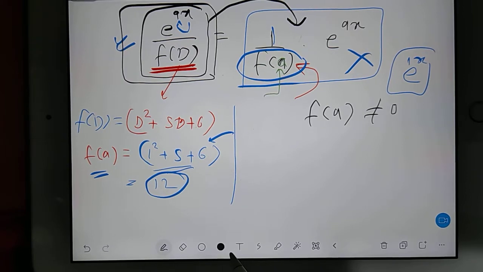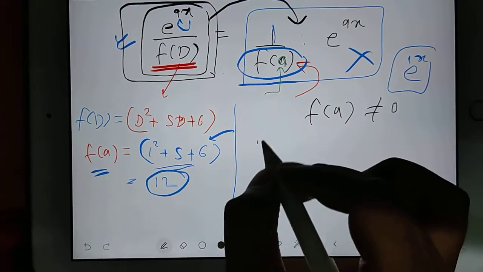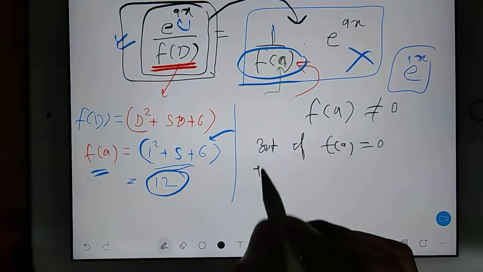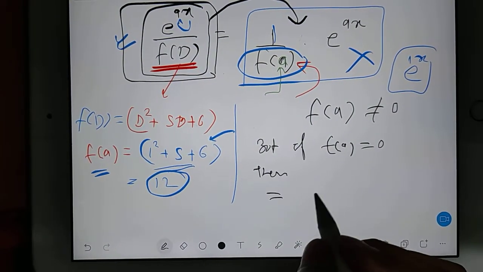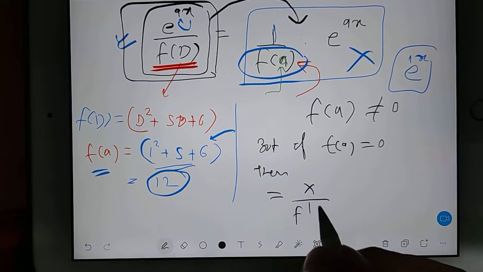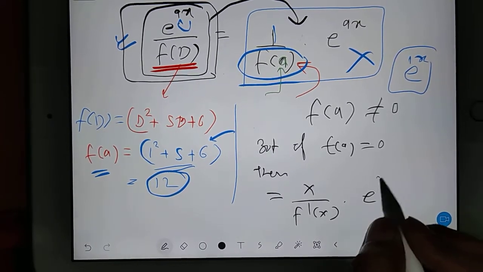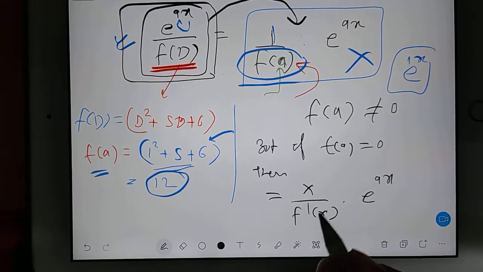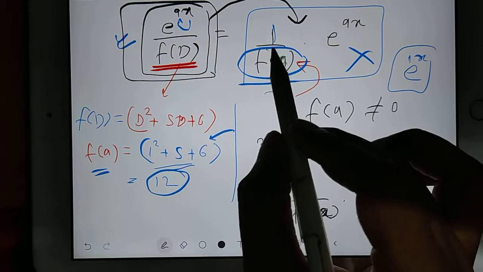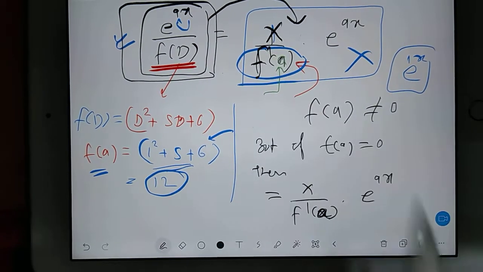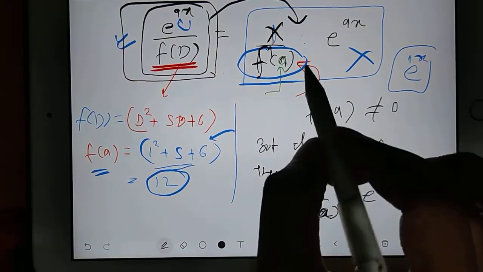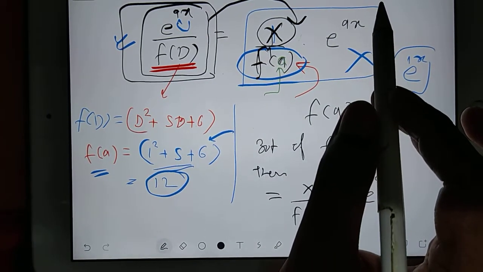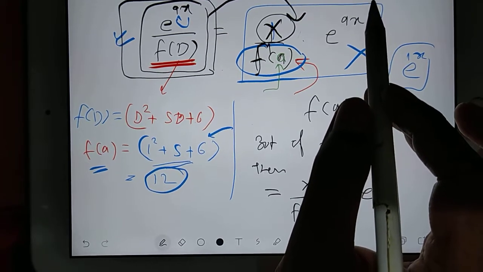But if your f(a) is equal to 0, then your answer will be x divided by f dash (a), and then you write e power ax. It means one time you differentiate f and put an extra x here. This x is our x, it is not something else. Clear?